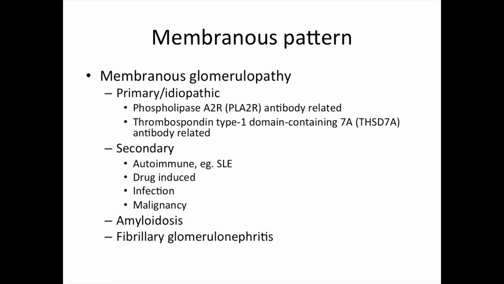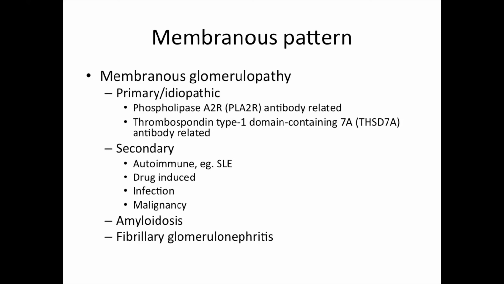Okay, drug induced, because there is a history of taking certain drugs like lithium. Certain infections like HPV can cause secondary membranous. Some malignancies can give us immune complexes that will deposit within the glomeruli and give us membranous.